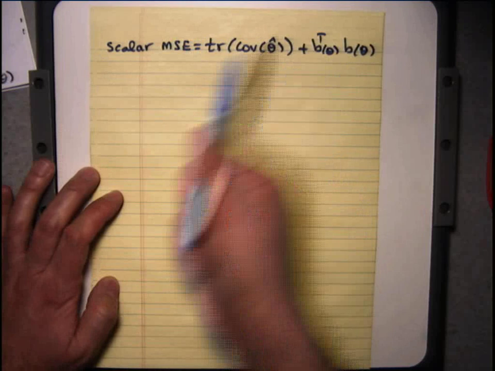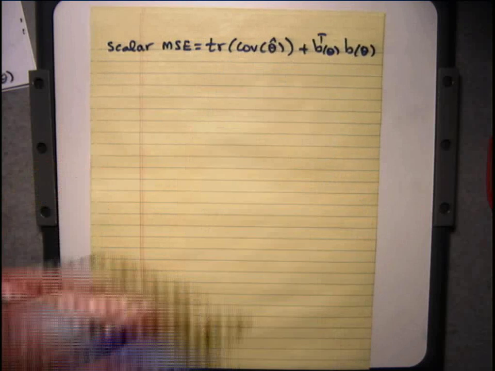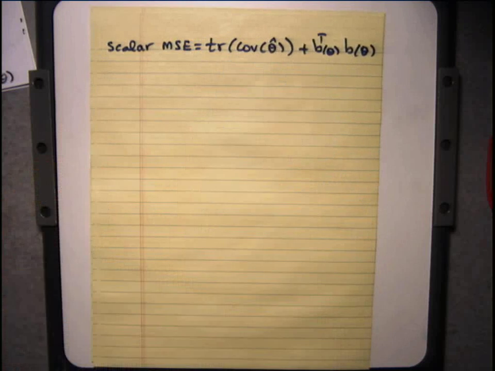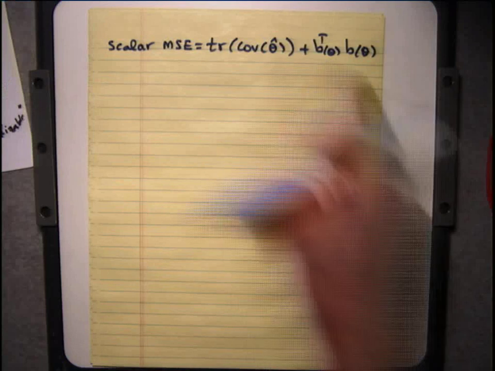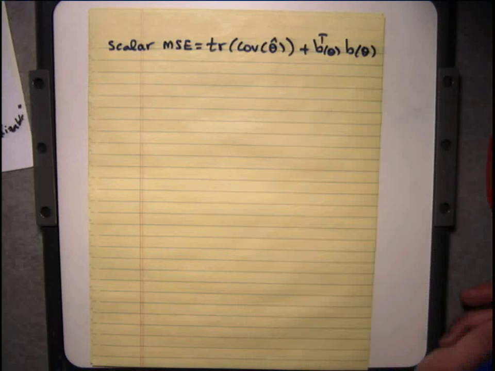The trace of the covariance matrix is the sum of the diagonal elements, which sums up the variances for each of the components of theta that you've estimated. And this is the inner product of the bias terms, so this is the square of the bias for the first element plus the square of the bias for the second element, and so on. This is just a very compact way of writing it.